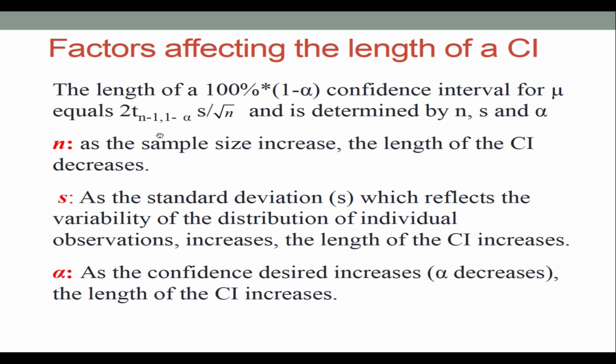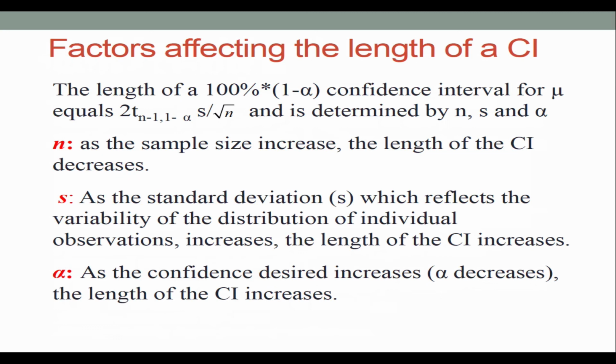S is the standard deviation of the sample, but we use it to estimate the population variability. This indicates the variability of the distribution of individual observations. If in the population you are estimating, this measurement is very variable and spread out, then when you use a sample drawn from the population to create the 95% confidence interval, the length should be larger.